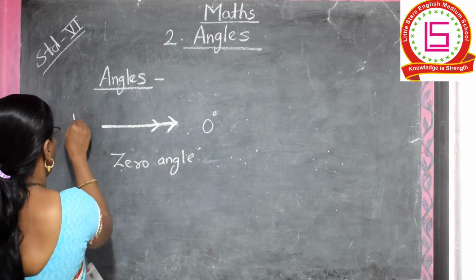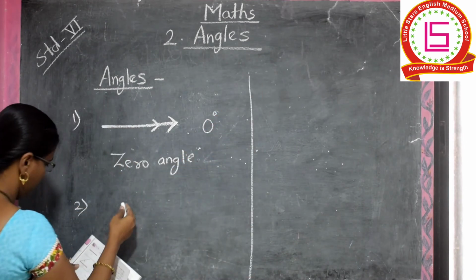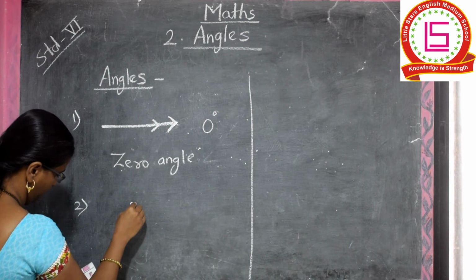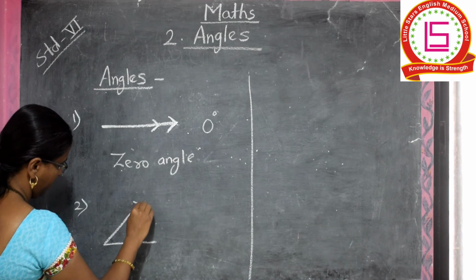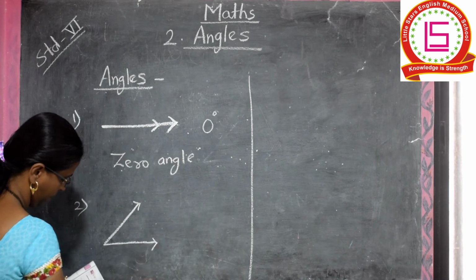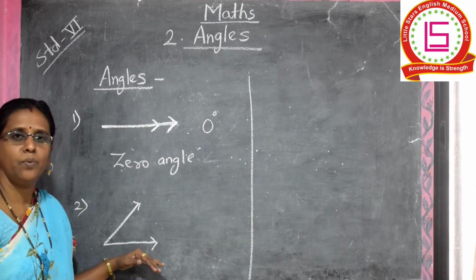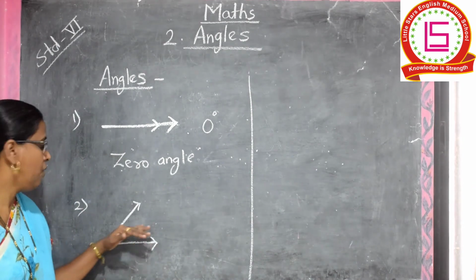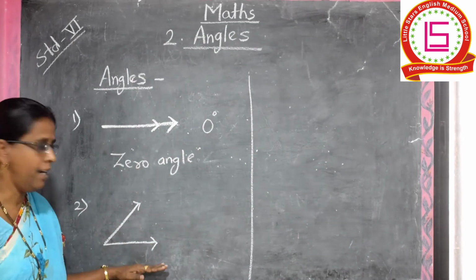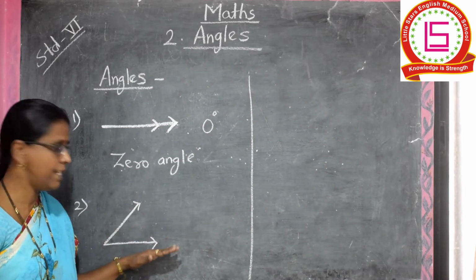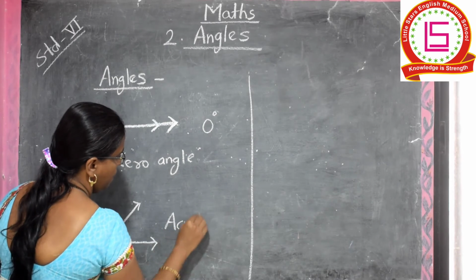Then the next angle is like this. This angle we learned in the previous year. What is the name of this angle? The angle less than a right angle is called an acute angle.